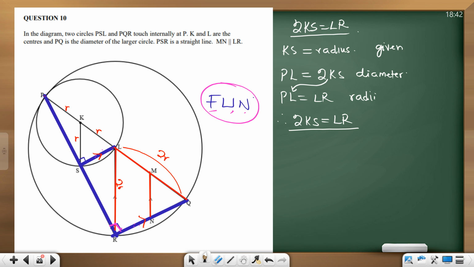Do stats. But you cannot touch your calculator, right? You can only stare at the book. Why not stare at those angles? Make sense? And start saying, okay, that is equal to that.